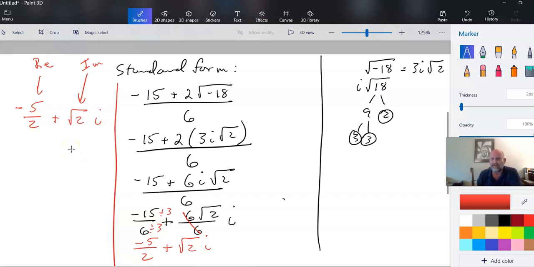Because a lot of this stuff, quite honestly, if you got this far and you were doing something like completing the square, you've already done a lot of work to get that far. And then to simplify afterwards is another bunch of work, and it's kind of tedious. So you want to get a little more fluid at it. You want to get quicker at it, and you want to find things that you can do in your head if you can. Don't do anything in your head if you don't completely trust it, though. Write it down until you can trust your head.